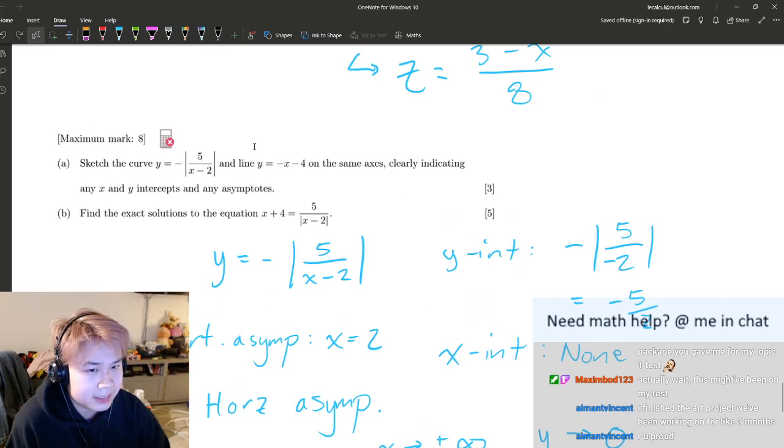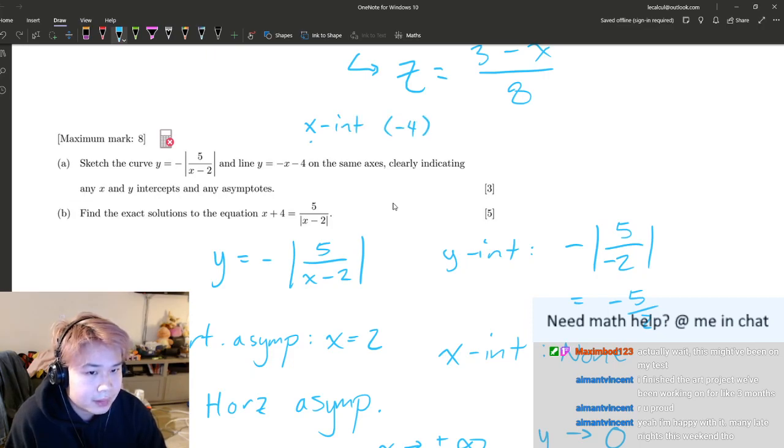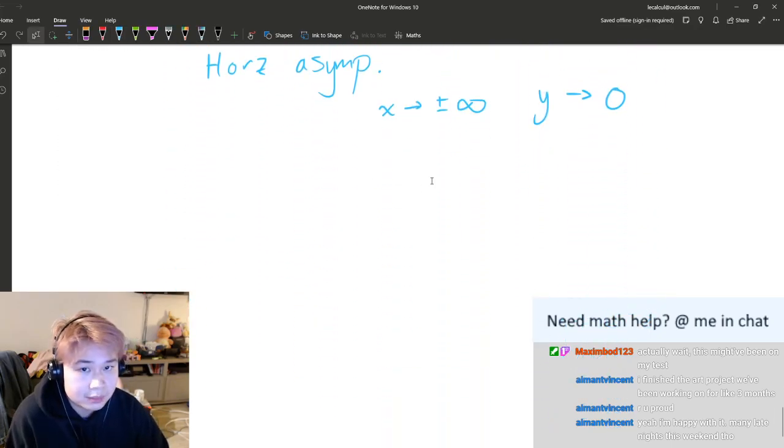Okay, and then let's deal with this one. This one's straightforward, right? This has an x-intercept at -4, and then it has a y-intercept at -4 as well. Then we can put our little sketch up.